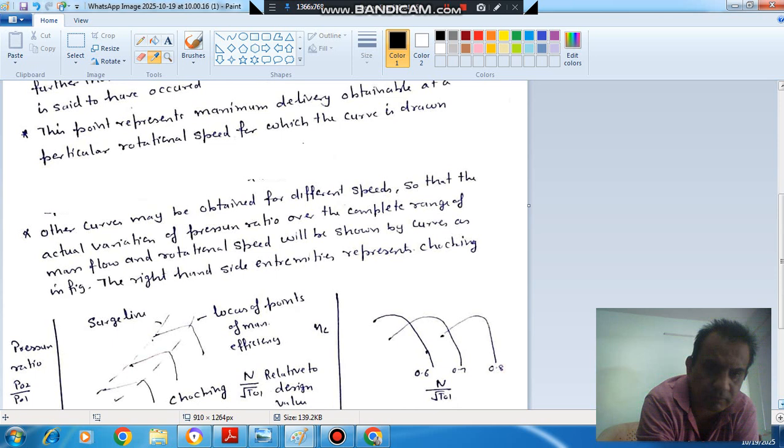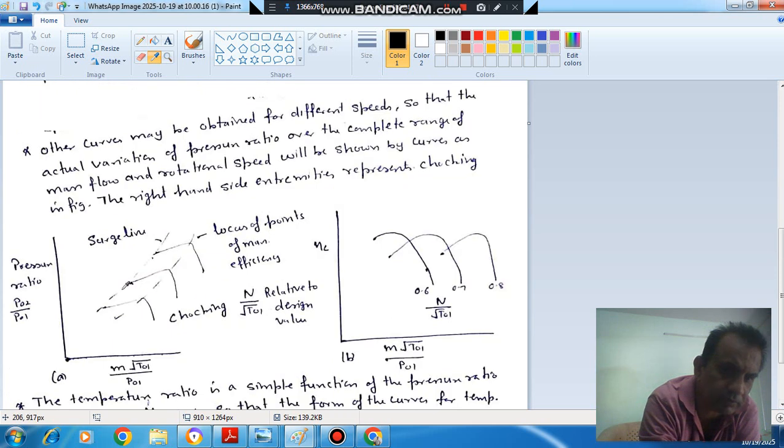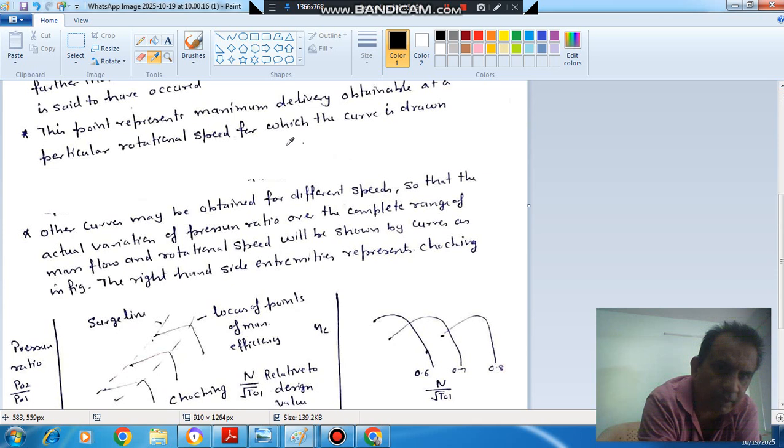If we take this curve, this is your surging point, this is your maximum efficiency point, and this is your choking point. This is called the surge line, this is called the locus of maximum efficiency, and this will be your choking line. This point represents the maximum delivery obtainable at a particular speed.